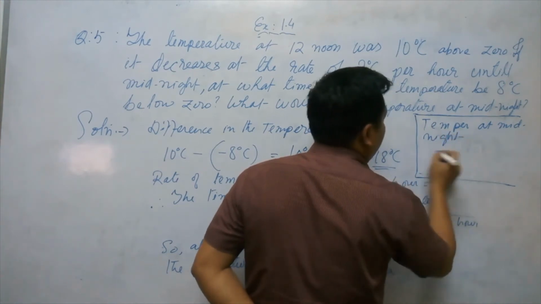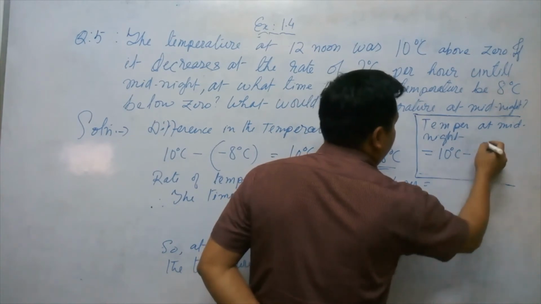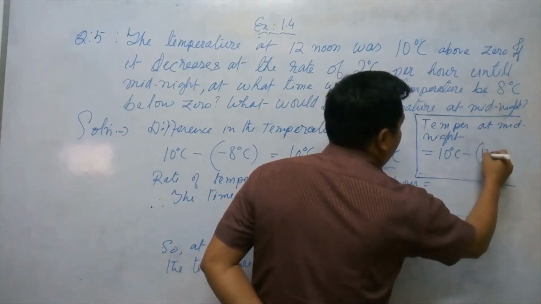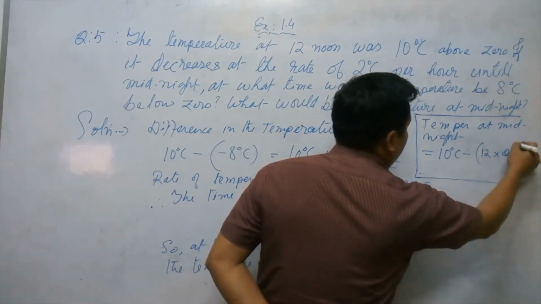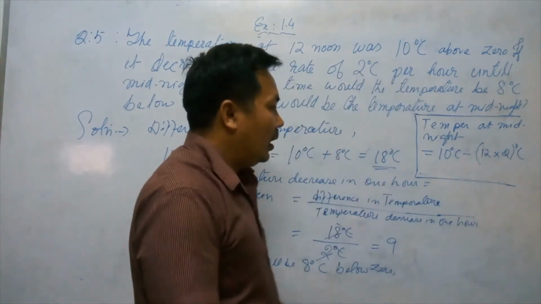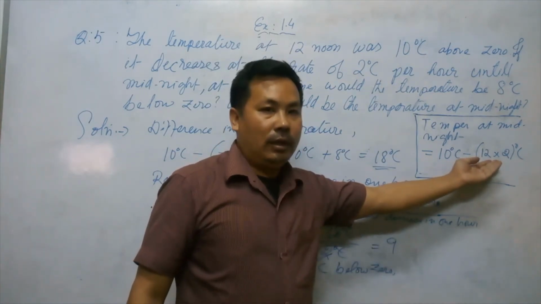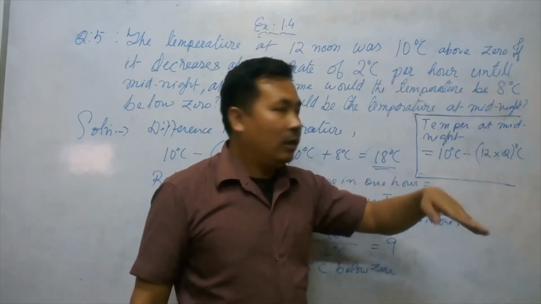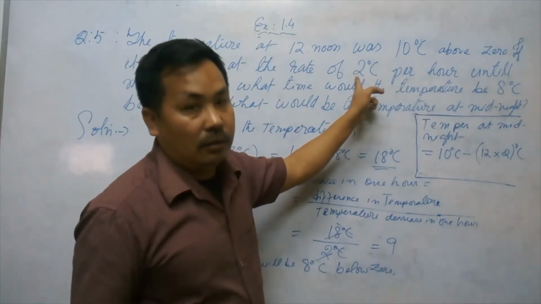The temperature at midnight is equal to 10 degrees Celsius minus 12 into 2 degrees Celsius. Because the temperature will just continue to fall for another 12 hours from noon. That 2 is how much it is reduced in 1 hour.